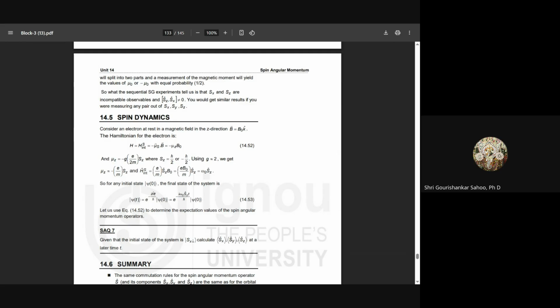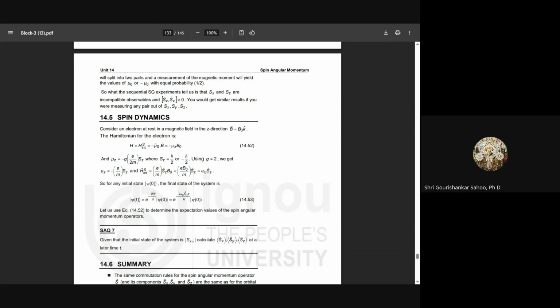And by using g is approximately 2, you can get mu Z is nearly equal to minus e by m Sz, and the Hamiltonian of the electron H cap superscript S is equal to e by m Sz cap B0, which is nothing but eB0 by m Sz cap, which is equal to omega 0 Sz cap.